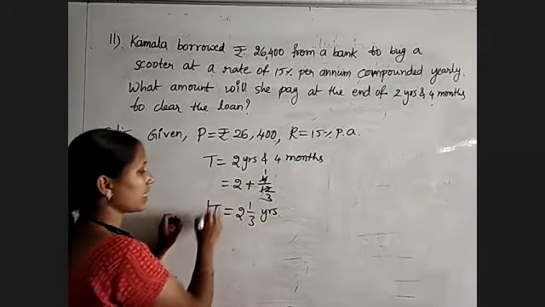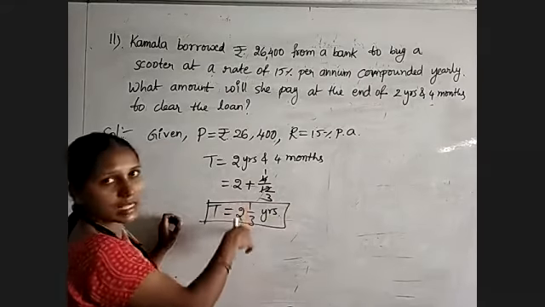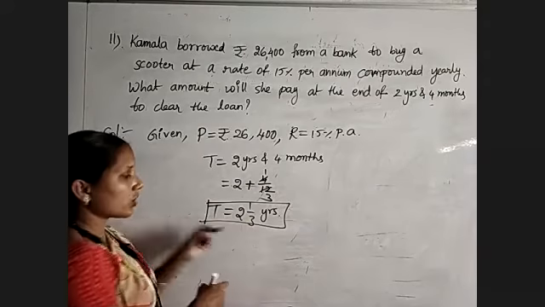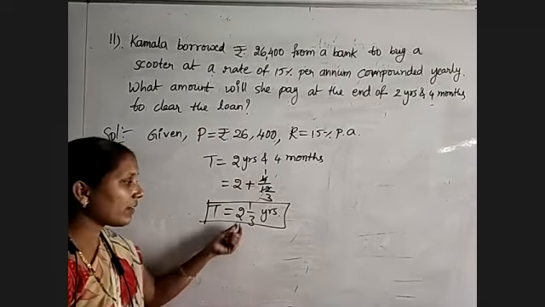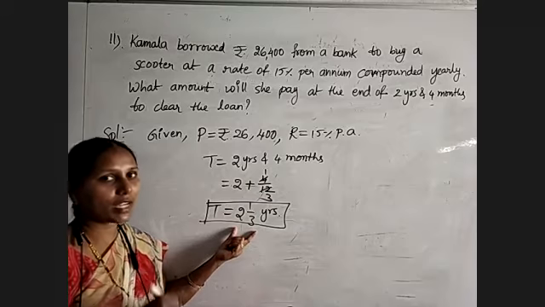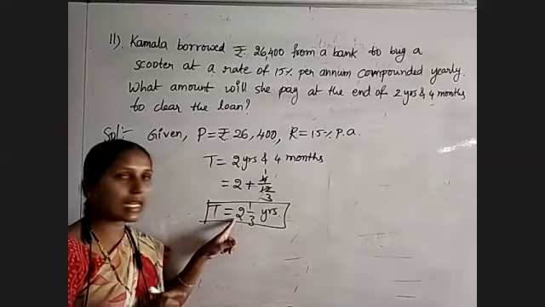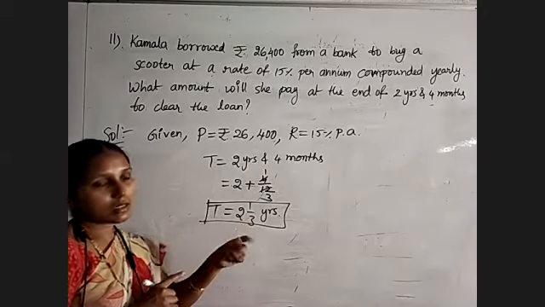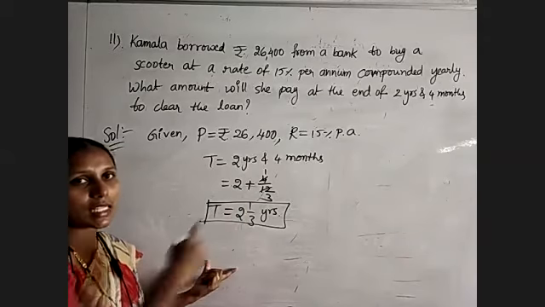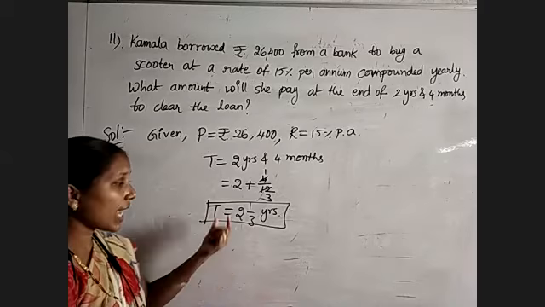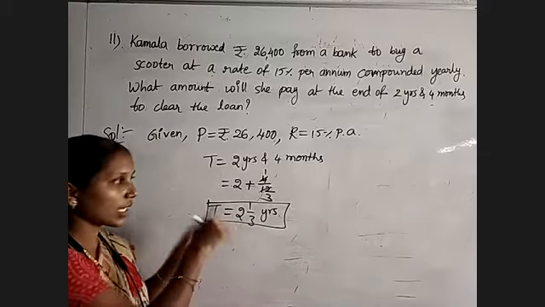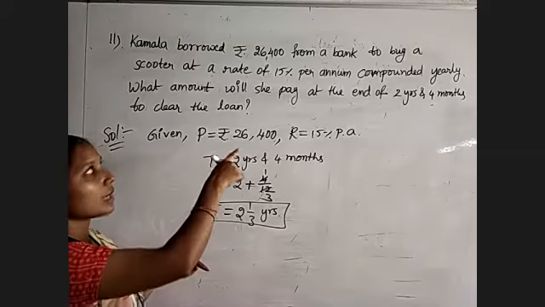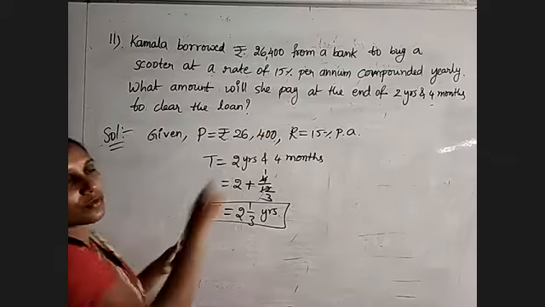We have studied how to calculate this before also. Whenever you get a fractional form, first we need to calculate for the whole number part. After that, for the remaining time, the amount we got we consider as principal and find the interest. That amount plus interest will be the complete amount she has to pay after 2 years 4 months.